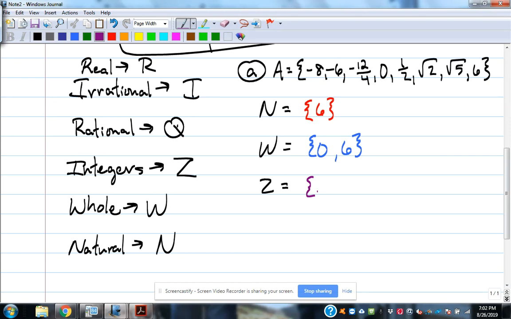It's a long day. All right, so integers, it's the whole numbers plus the negative numbers. Okay, so 0 and 6, and what else? Negative 8, negative 6, 0, and 6. Why did he leave a blank right there?